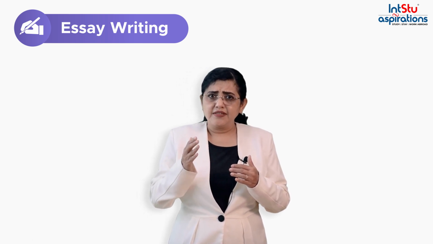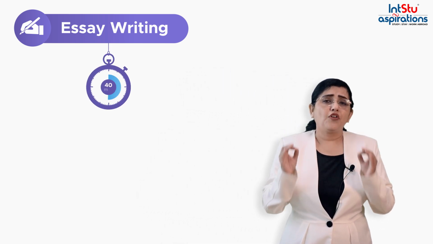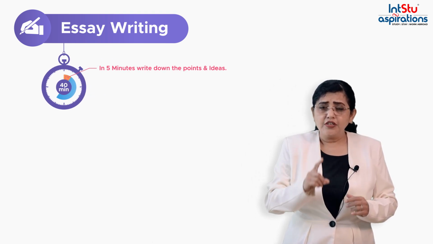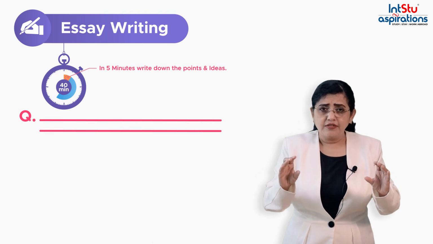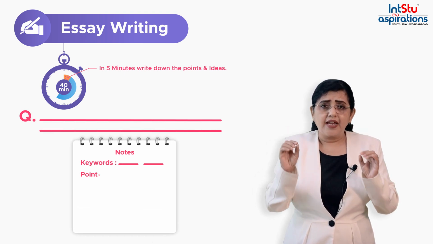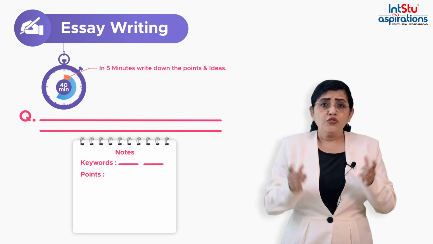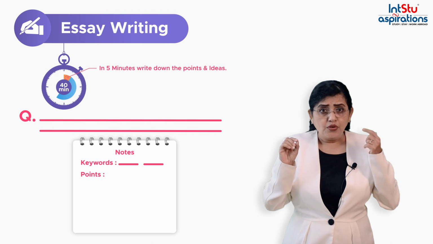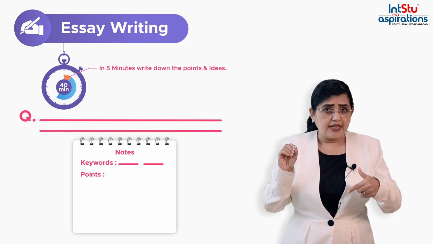Now let's discuss how you will divide this 40 minutes. For the first 5 minutes, you will just look at the question, understand it, identify the keywords and make points. So in the first 5 minutes, you will write down the points that you want to include in the test.